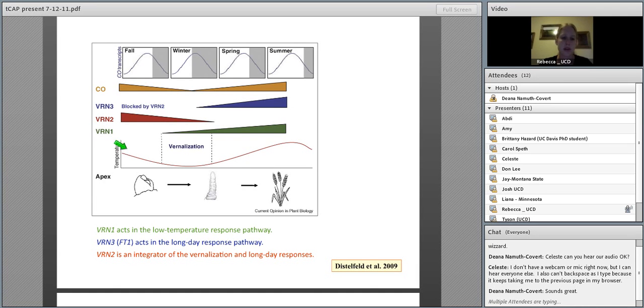We've got the trend of the temperature going down in the winter and then increasing. You can see that VRN2, with the shorter days and also with the decreased temperature, is decreasing in expression levels, while VRN1 starts to slowly increase, and then as VRN3 comes on, it increases even farther. And so we see the transition from a vegetative apex into the double ridge stage and then finally progressing into flowering here.